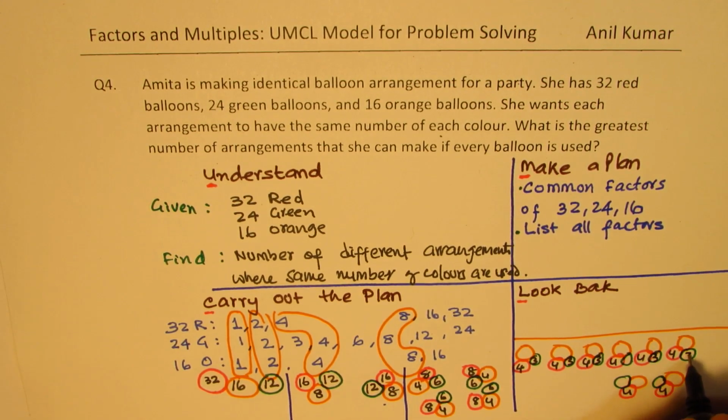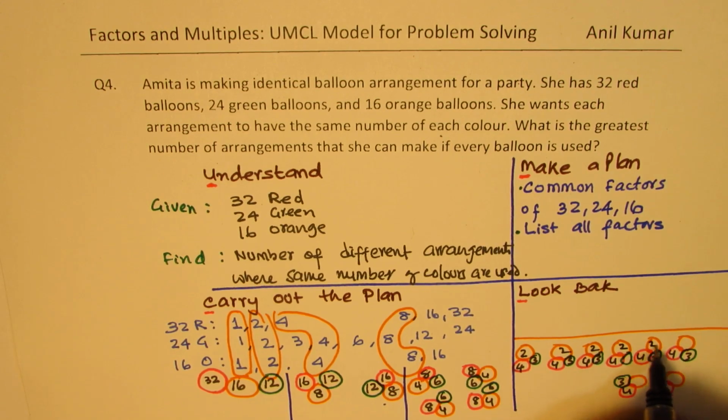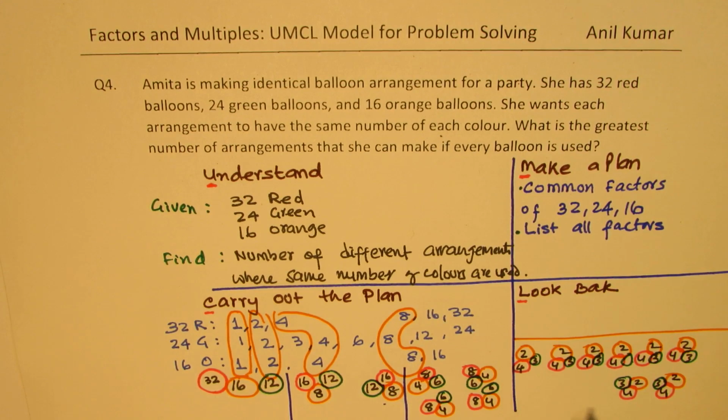So likewise, we now know that these are different ways in which we could make the arrangements. And as far as the orange is concerned, it will be 2 each. You see, in each arrangement, we have 2 oranges, 2 orange colored balloons, 4 red, and 3 green. And we have made 8 different arrangements.